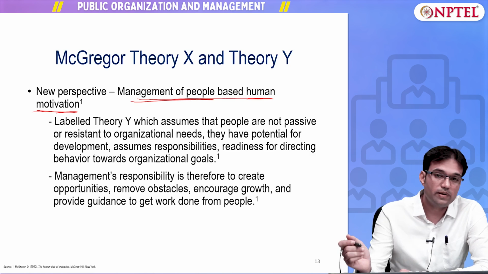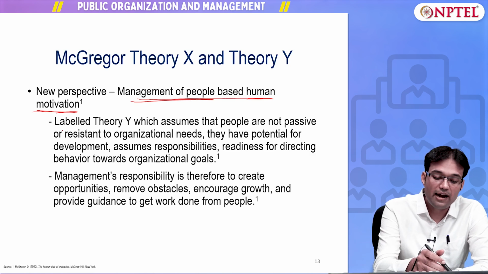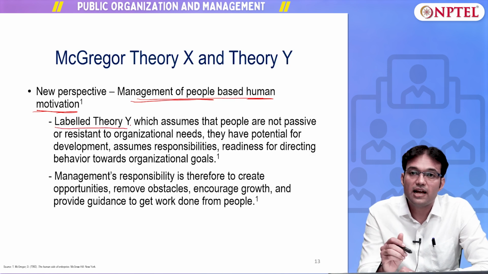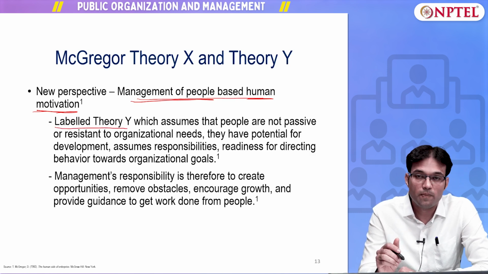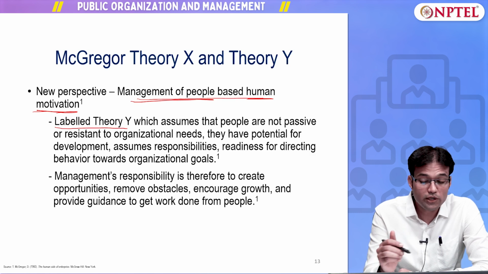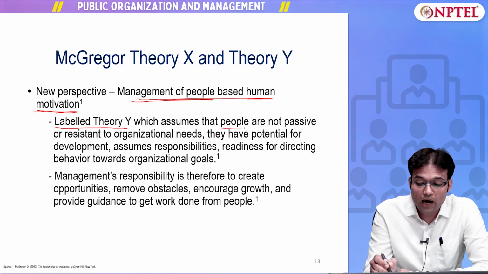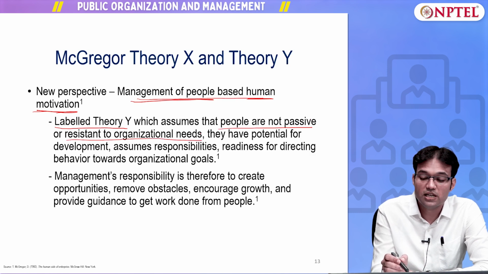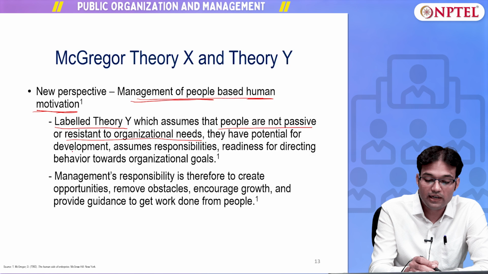According to this perspective, human motivation, and the category of people who are labeled as theory Y, this category and label assumes that people are not passive, or they are not resistant to organizational needs or changes. They have potential for development.